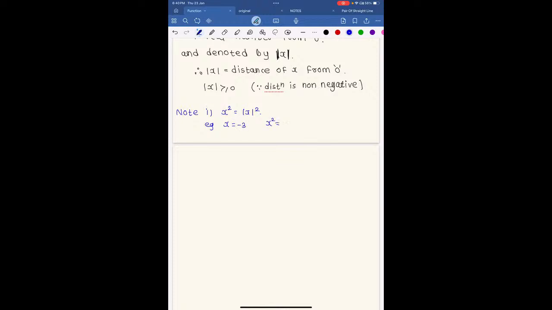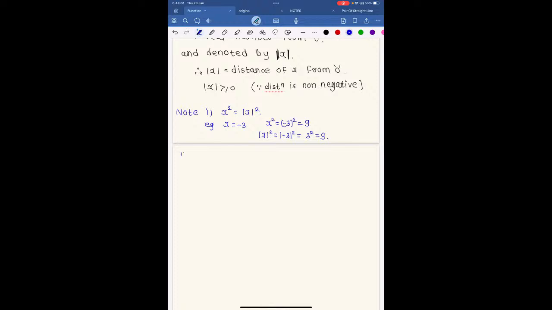Then x square is minus 3 whole square, which is 9. And mod of x whole square is modulus of minus 3 square. Mod of minus 3 is 3, so 3 square is 9. So x square and mod of x square both are same.